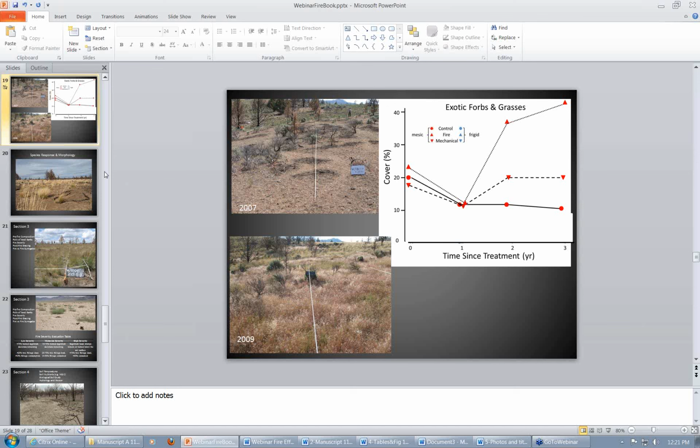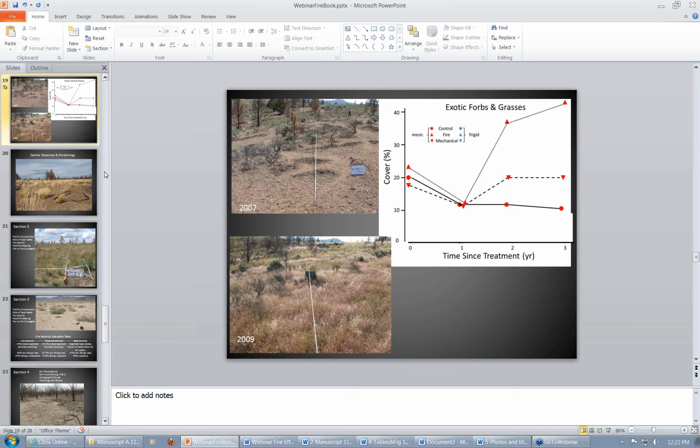But if the litter is pretty much all consumed and you can't identify it because it's nothing but ash or it's totally gone, then probably the majority of that seed was consumed on that site. Any seed that's buried within just a few millimeters below the surface, a high percentage of that is very likely to survive the burn.